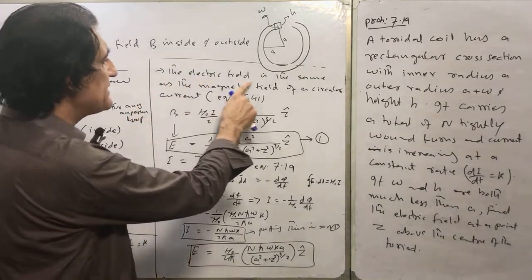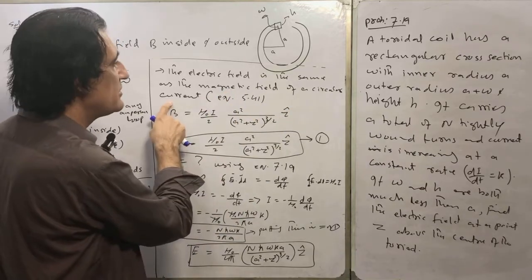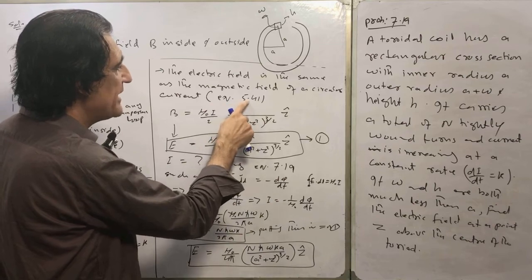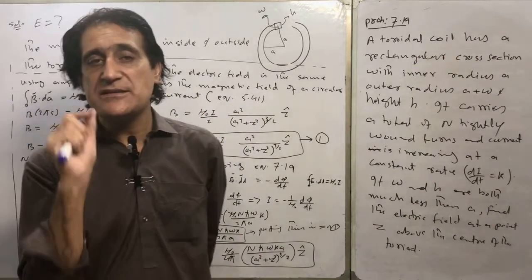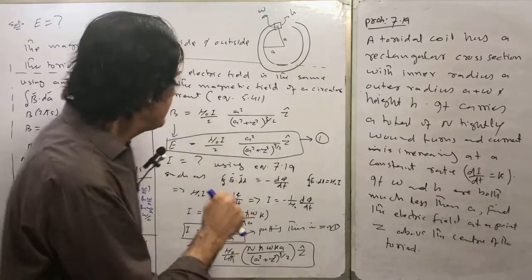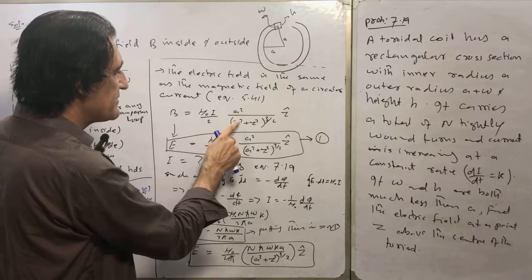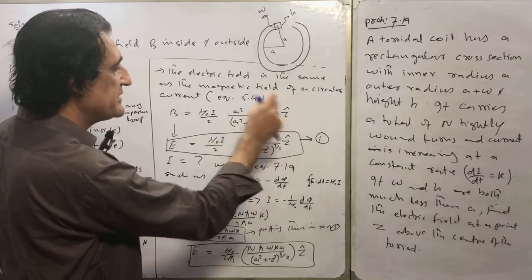Now the electric field is the same as the magnetic field of a circular current. We use equation 5.41, where the magnetic field has already been calculated: B is equal to mu naught I divided by 2, a squared divided by (a squared plus z squared) to the power 3 over 2, in the z direction.